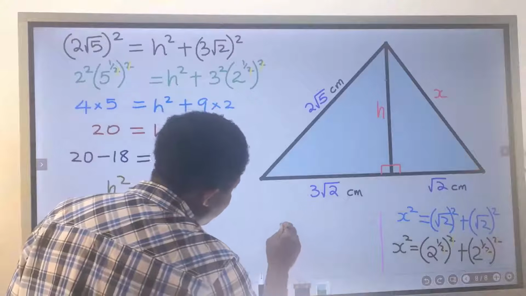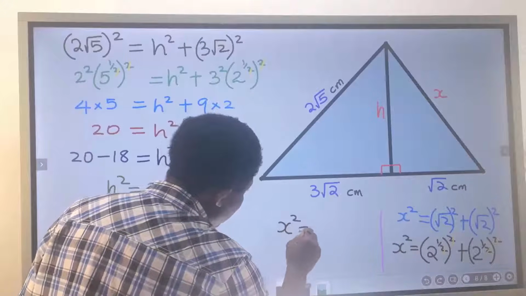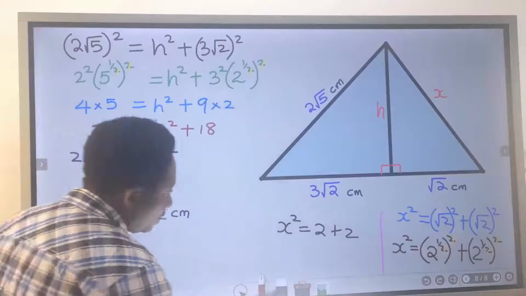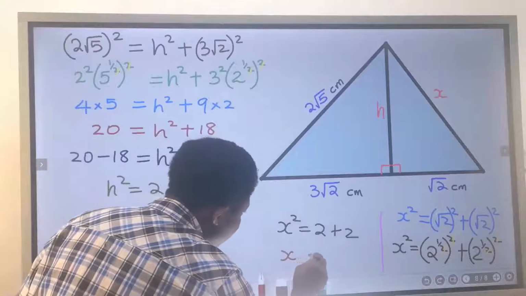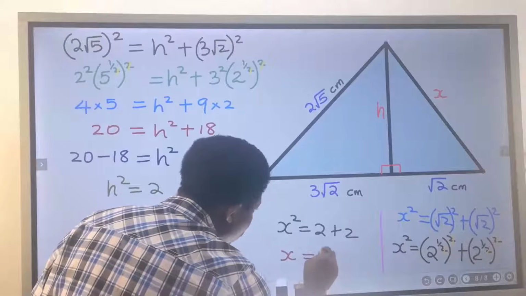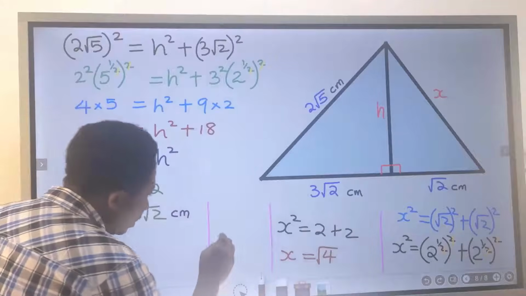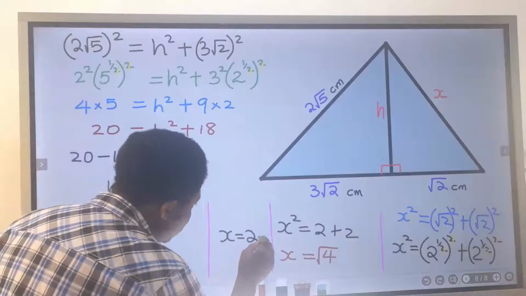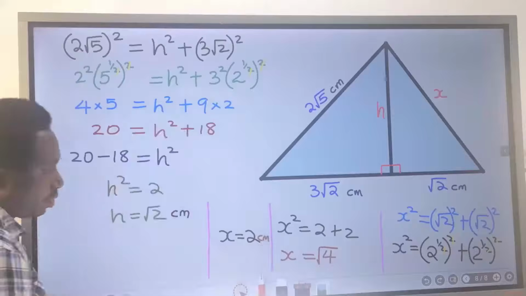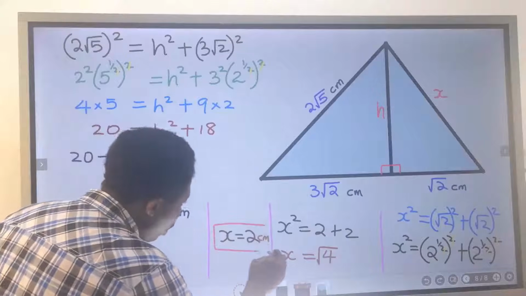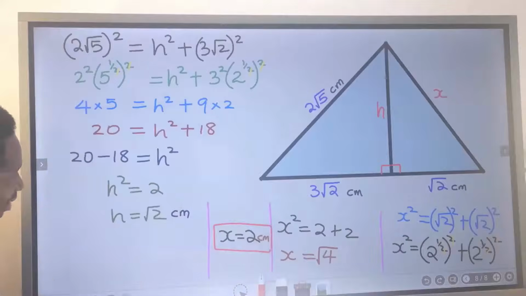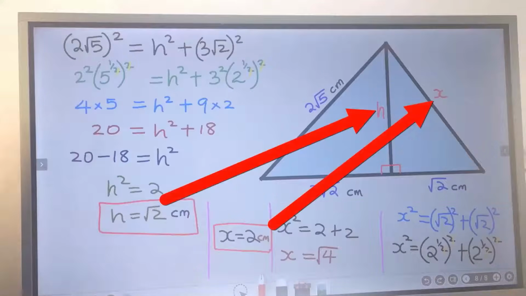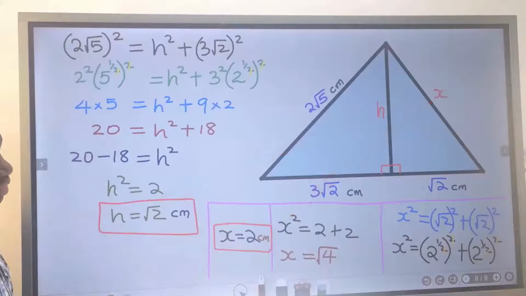Next, we are left with x squared is 2 plus 2, and we have that x is the square root of 4, and here our x is 2, and the unit is centimeters. We have found the value of our x. Likewise, we have found the value of our h, and we are done with the solution.